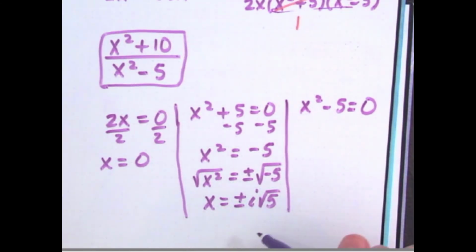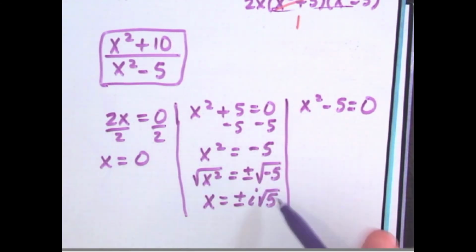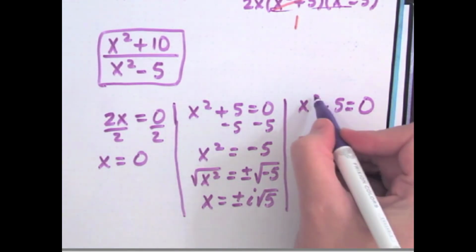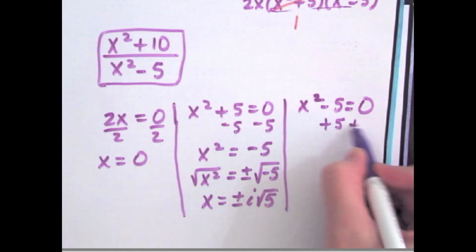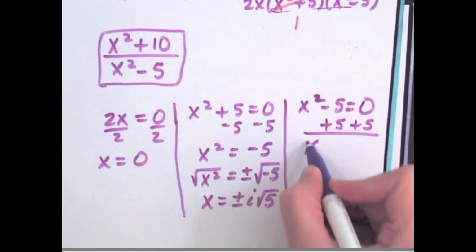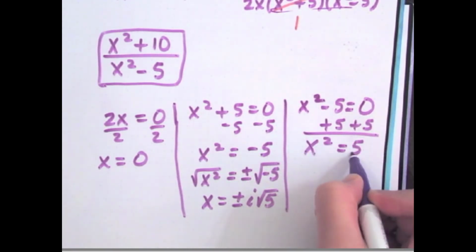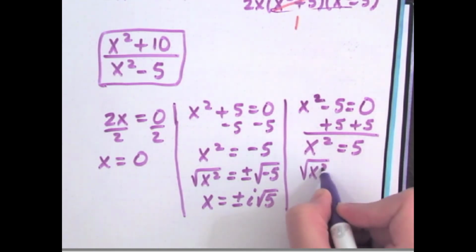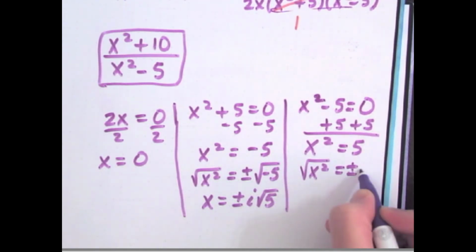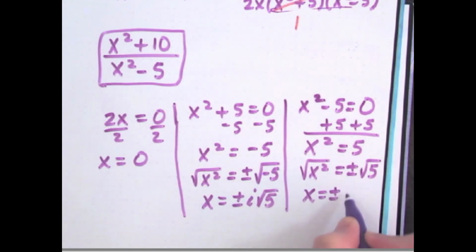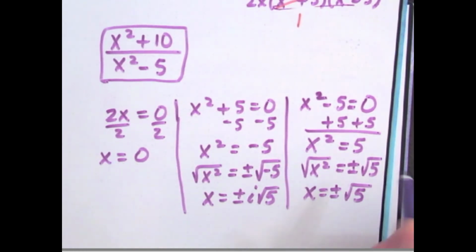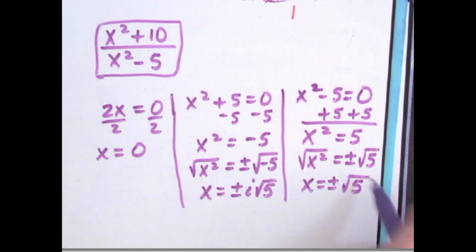Okay, and we're just finding the domain over real numbers, so we don't have to worry about that irrational one. Okay, on the last one, we'll add 5 to both sides. And that'll be x squared is equal to 5. We'll take the square root of both sides, remembering we get plus or minus. So our x is plus or minus the square root of 5, which is irrational, but that's okay.